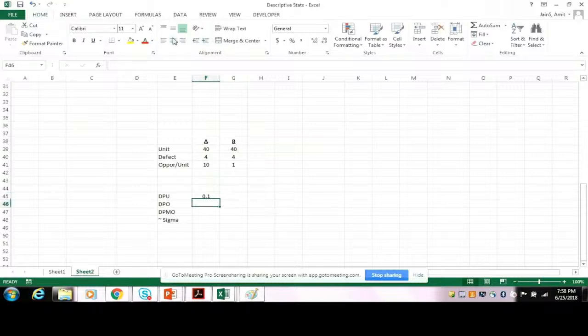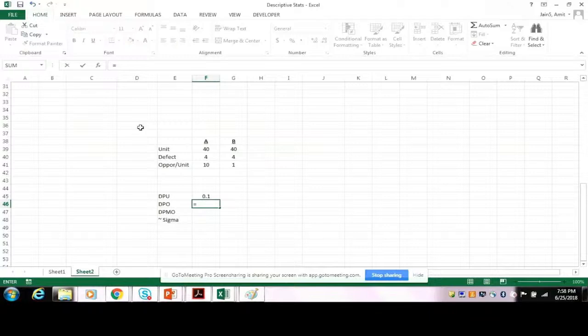Right. DPO, defects per opportunity, would be, there are 10 opportunities, so 4 divided by 10, 0.4.